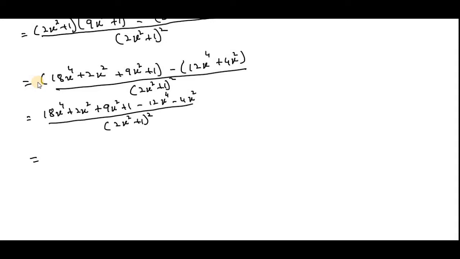Now we are going to simplify it. We get 6x4 plus 7x square plus 1 whole divided by 2x square plus 1 whole square. This is our answer.